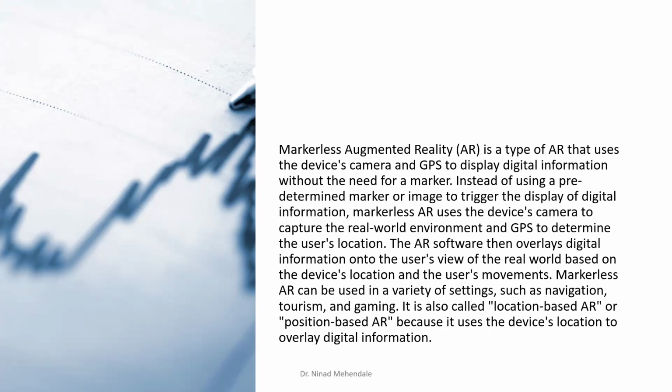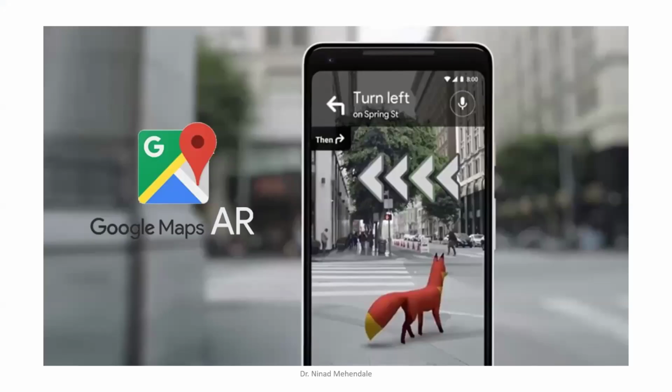Markerless AR can be used in a variety of settings such as navigation, which I mentioned. Google is working on it. Then there is the tourism and gaming industry. So location based AR or position based AR, that is what we call these markerless ARs. So this is one example. I think it is released now, Google Maps AR, where this dog actually shows you the route, and you have to follow this dog.